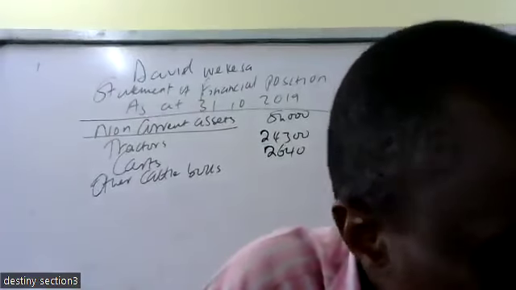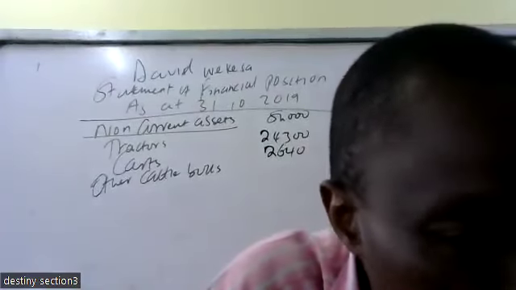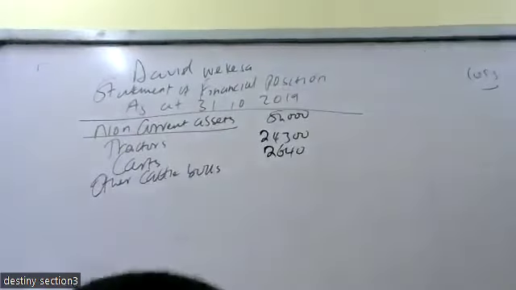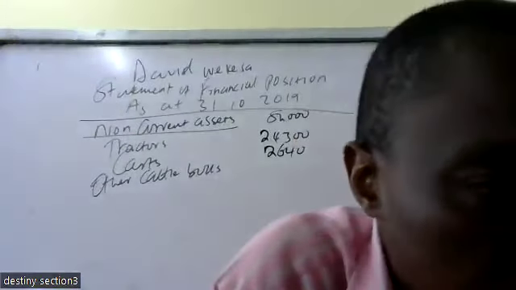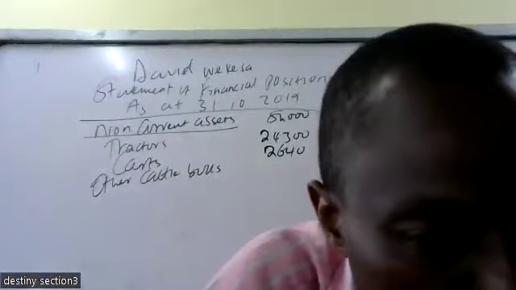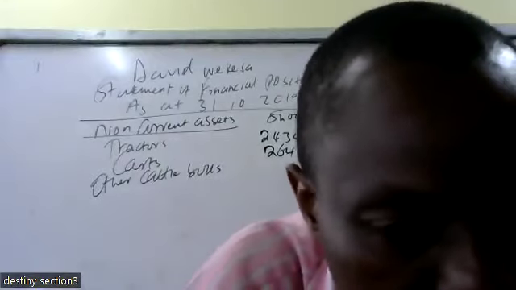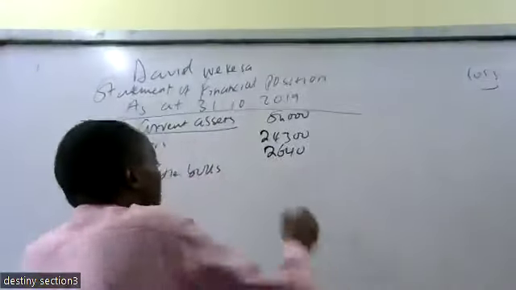Those ones are short term. If you check from the trial balance, you'll get other cattle bulls, not in the closing inventory. 6,000 total.